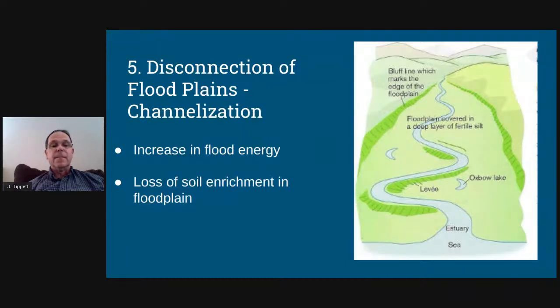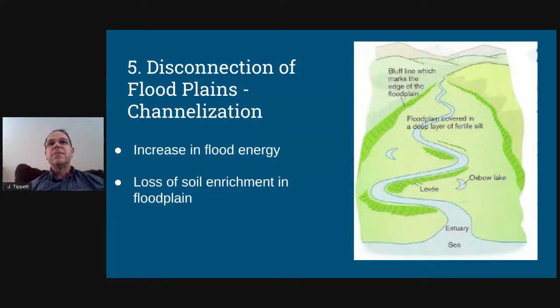Also, when you don't have those floodplains for a river to go into, you lose all of the benefits of the sediment that usually flows out from a river, and that usually enriches the soil. You think about the Nile, like you learned about that in school, and how the Nile Delta was so fertile because the river overflowed all the time.